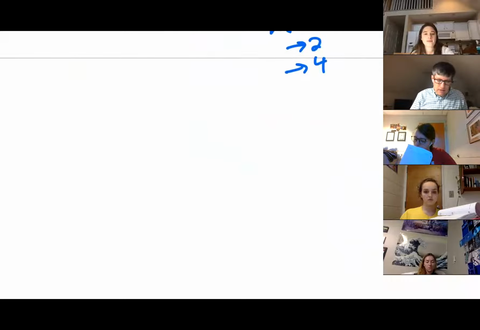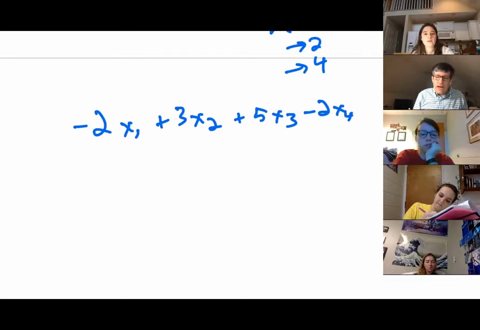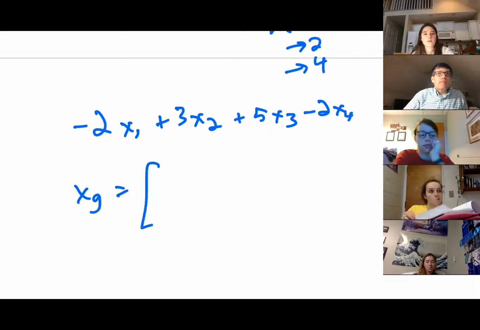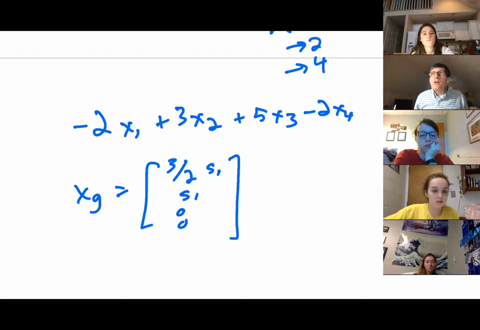Let's see. I'm going to write down this thing: plus 3x2 plus 5x3 minus 2x4. My x general was equal to, let me write it in a slightly different form. I just multiplied that S1 through. That's my XG.